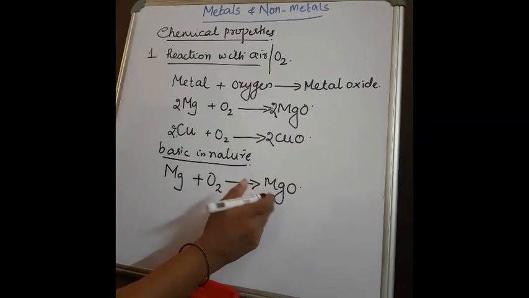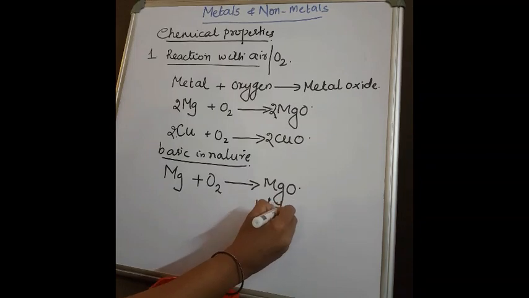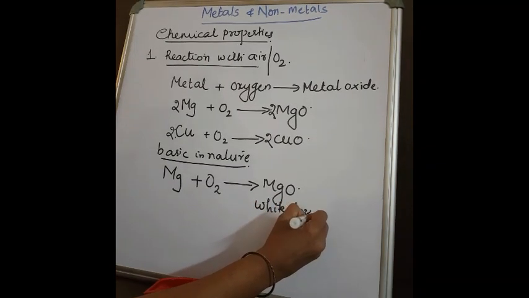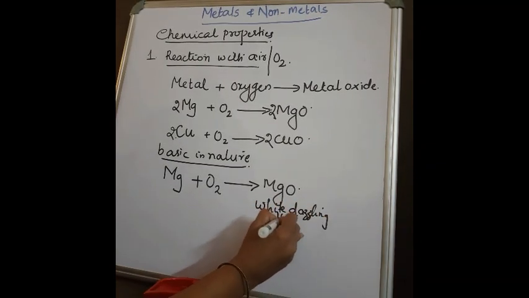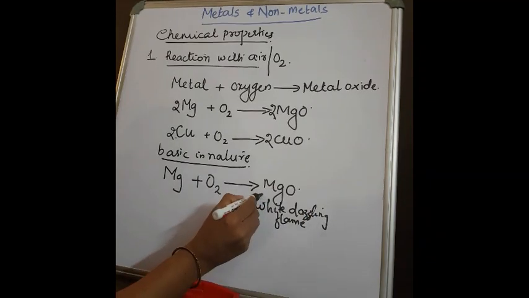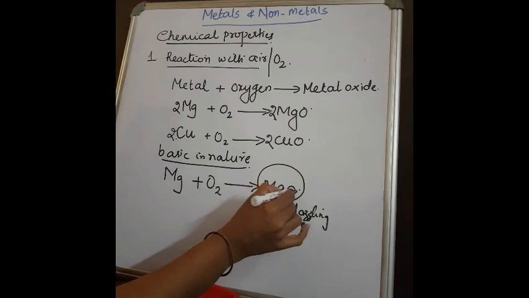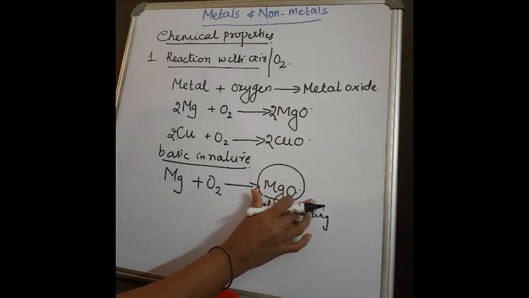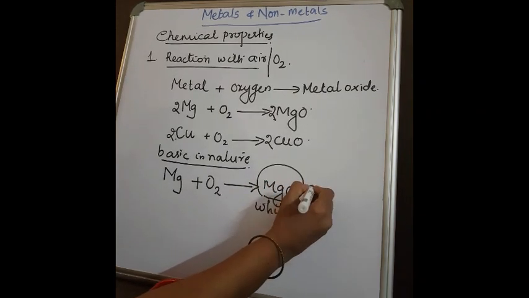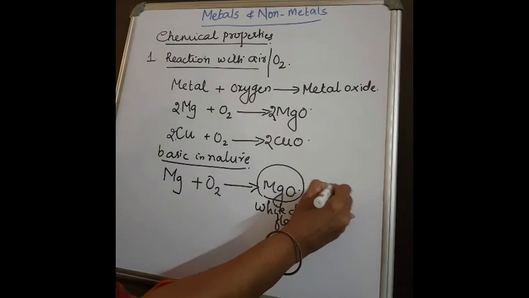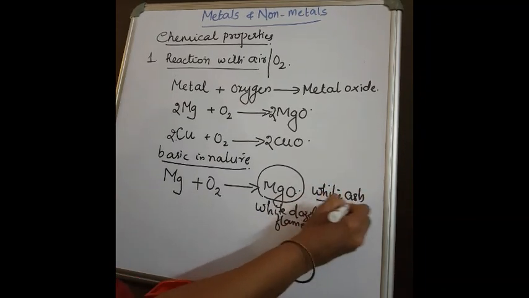The observation was a white dazzling flame. And what was the product? The product was magnesium oxide. And what was the color? That was white ash, isn't it?